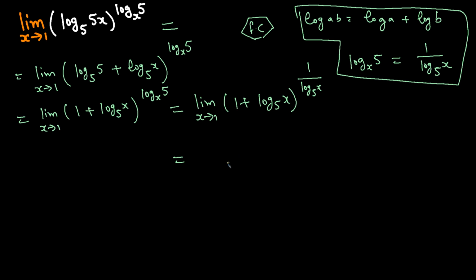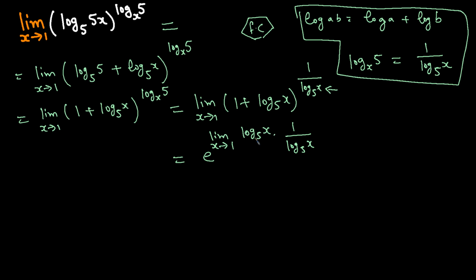So this can be written as e raised to the power limit x approaches 1, and my f(x) is log base 5 of x over g(x). My g(x) in this case is the value in the denominator, so it is 1 over log base 5 of x.